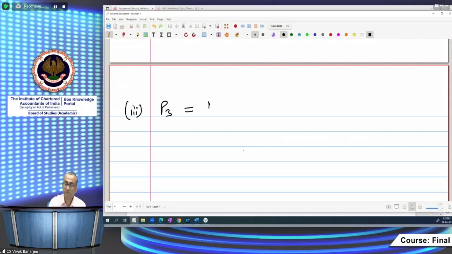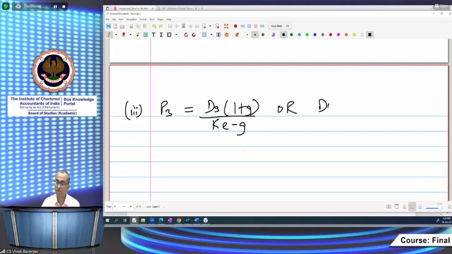So it will be basically dividend at the end of third year, 1 plus G, or you can directly write it as D4 divided by Ke minus G.